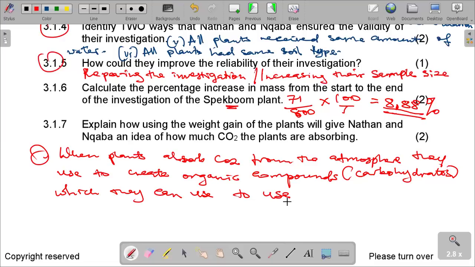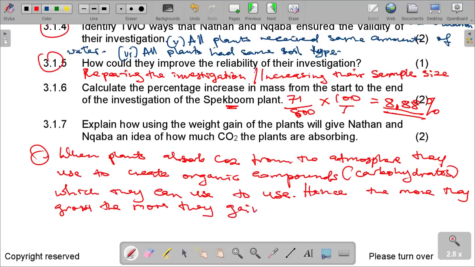And then the more they grow, the more they gain weight. I'm sure this is making sense.